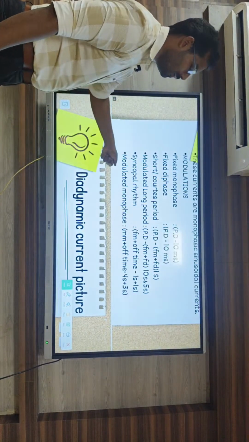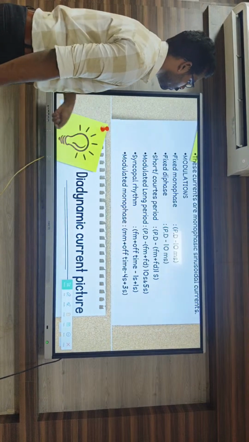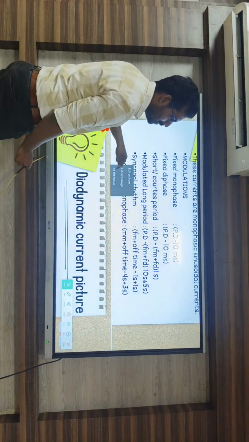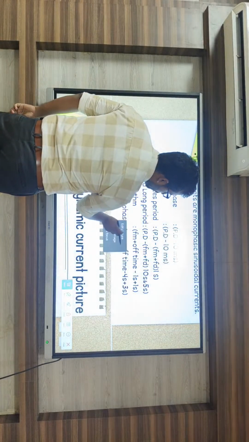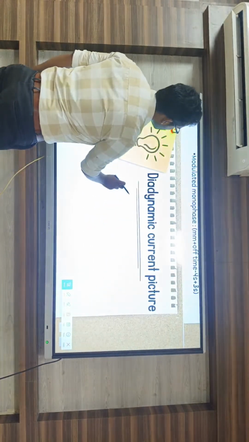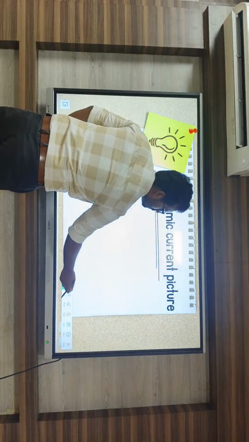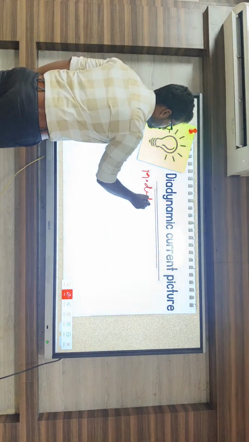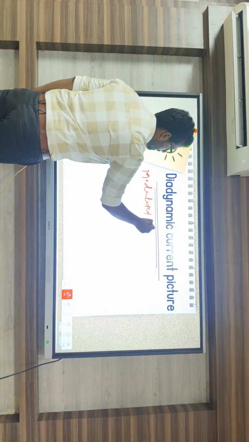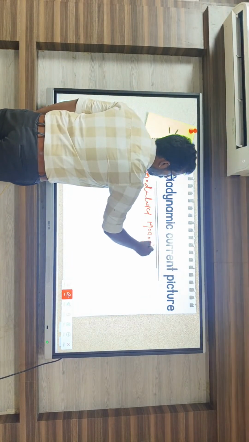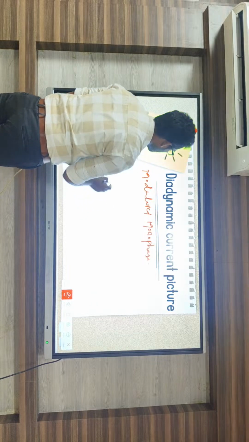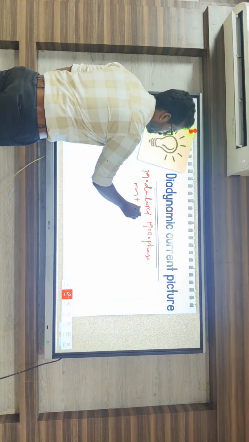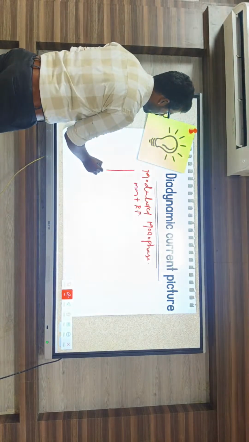So what about the modulated monophase? Modulated monophase plus a half time comes under the modulated monophase. The time duration is 4 seconds to 5 seconds. Coming to modulated monophase, modulated monophase plus resting periods is known as modulated monophase.